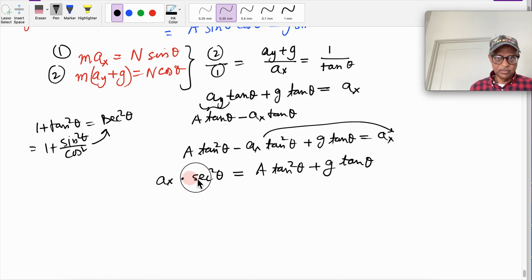So this is 1 over cosine square theta. Multiply them out.